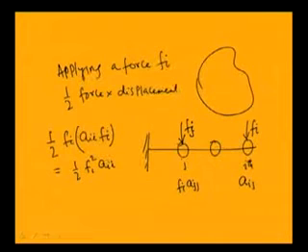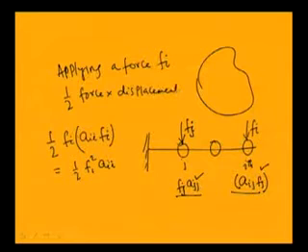So the total displacement at this position due to this force Fj will be Aij into Fj. The work done will be due to the displacement at this position and at that position. The displacement at this position is Aij Fj, and at this position it is Fj into Ajj.